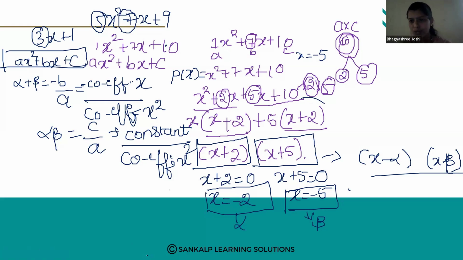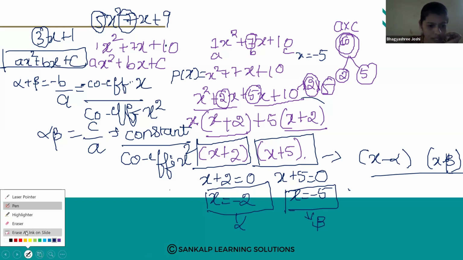When you add two zeros, alpha plus beta is equal to minus b divided by a. Alpha into beta is equal to c divided by a. This much you have to keep in your mind, right? So now we'll see the derivation. First observe correctly, then ask me the question. When we solve examples, you will come to know.